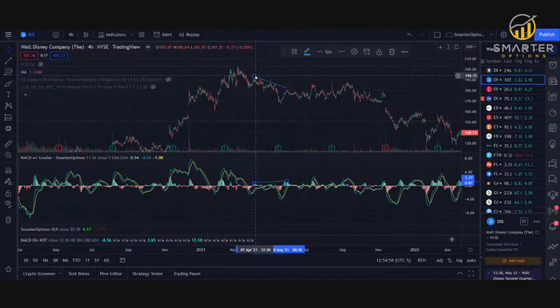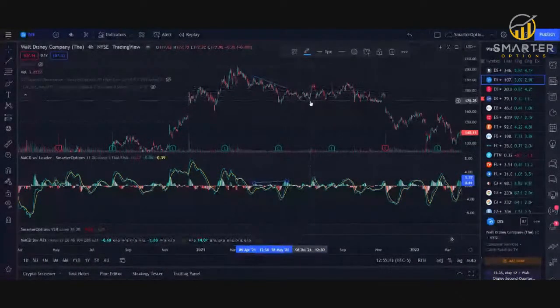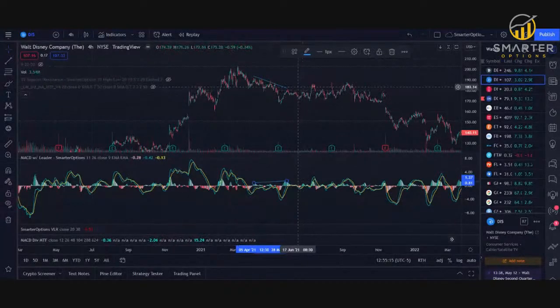This is a bearish hidden divergence. We're getting lower highs, but we're getting higher highs on the oscillator. This is a hidden bearish divergence, which is a sign of a bearish continuance. And we kept going down. Bearish hidden divergence.